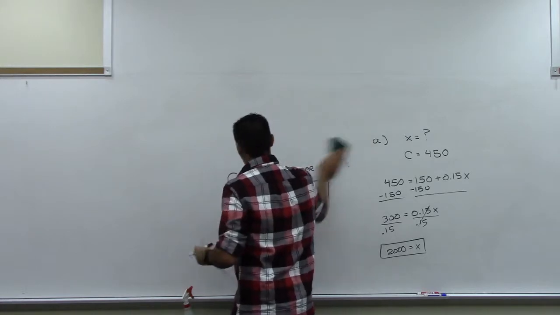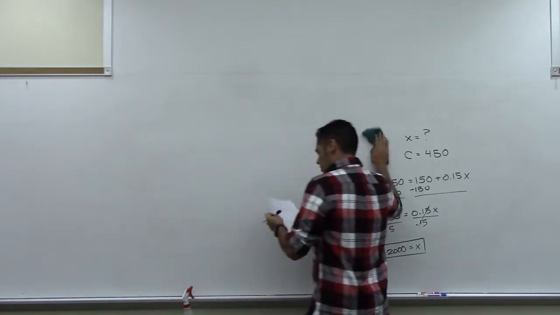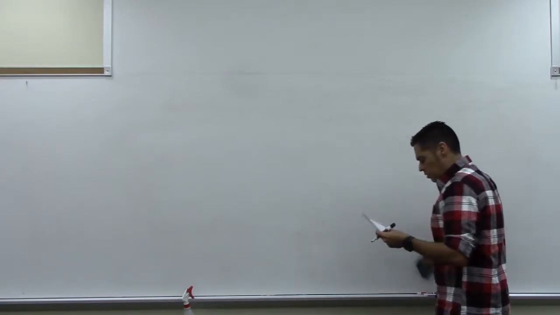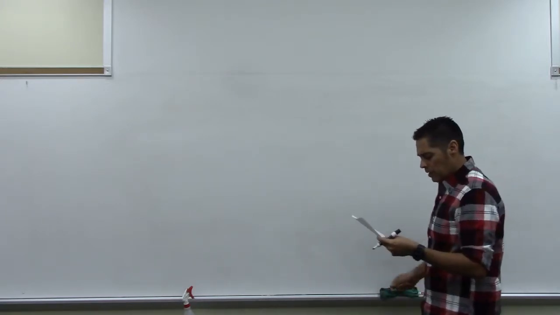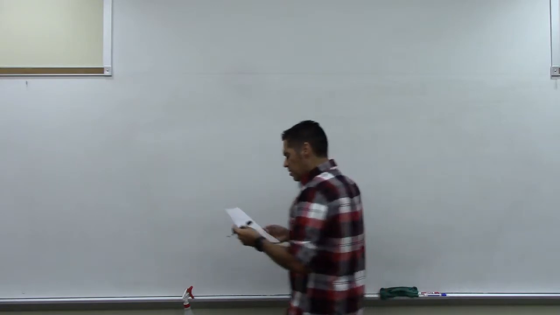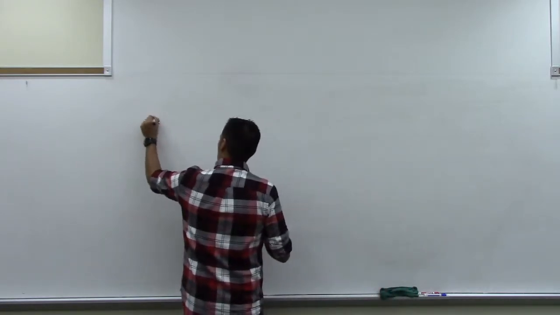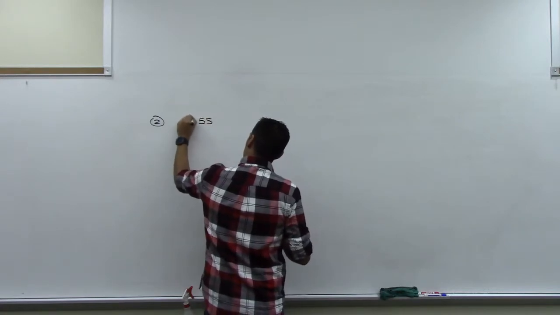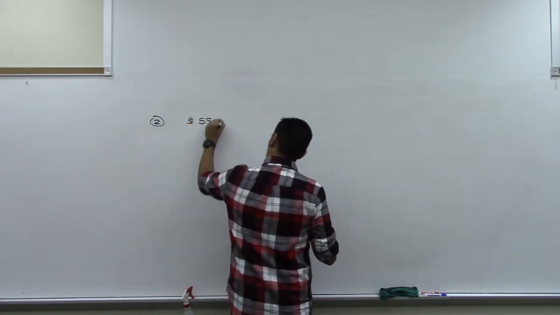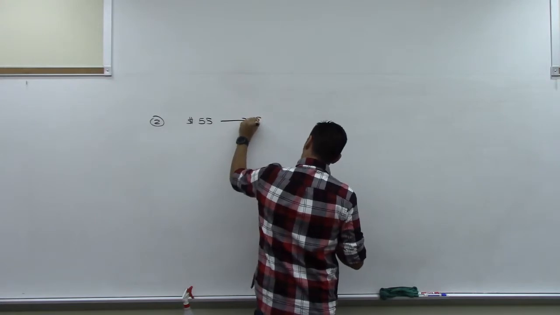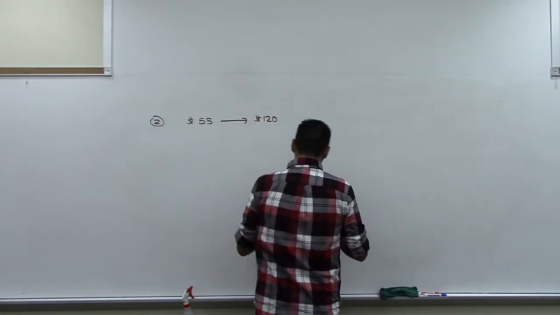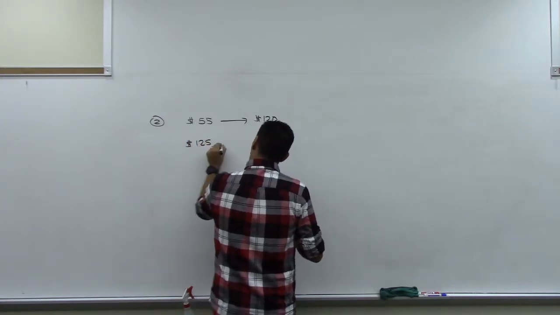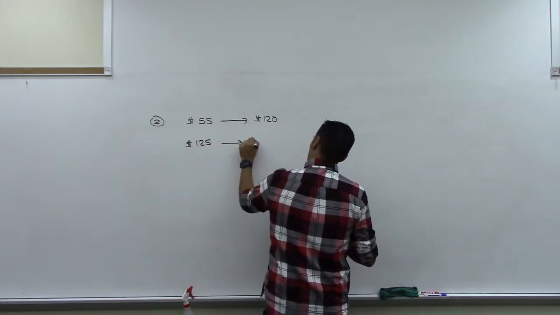The second problem has to do with a markup policy for marking up drugs at a drugstore. So a drugstore sells a drug costing $55, and they sell it for $120. And then another drug that costs $125, and they sell it for $175.